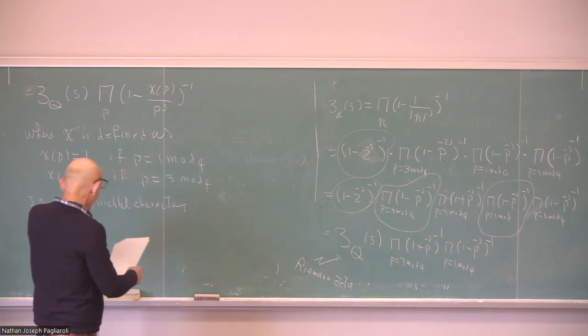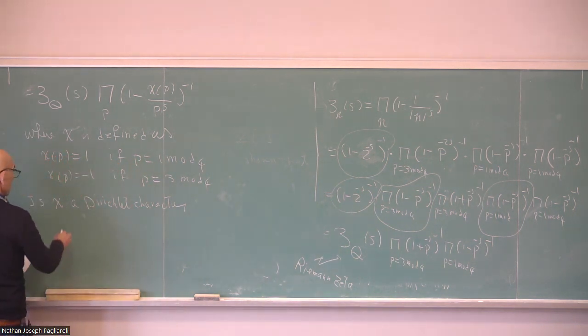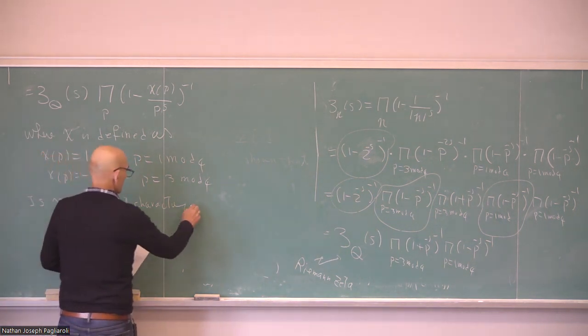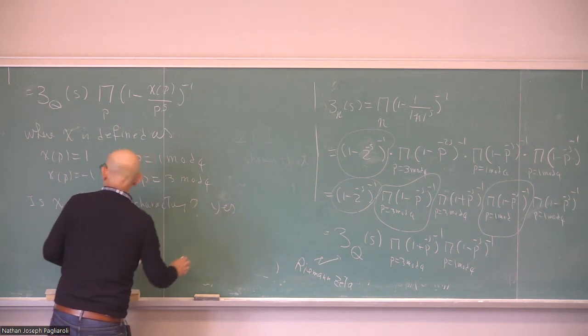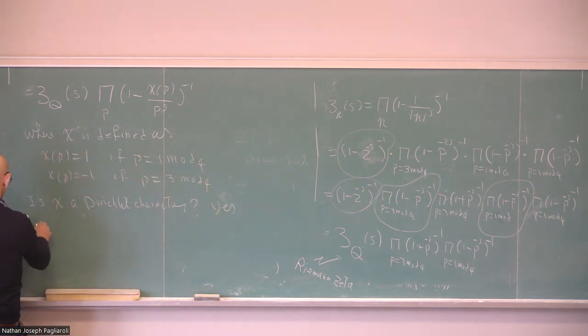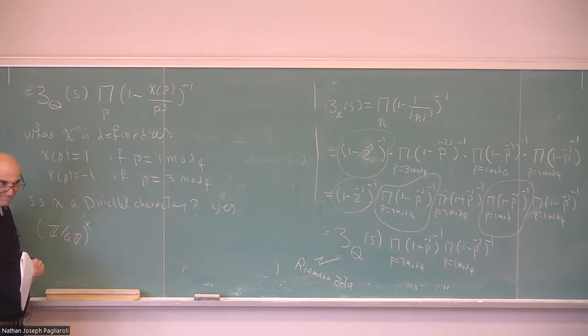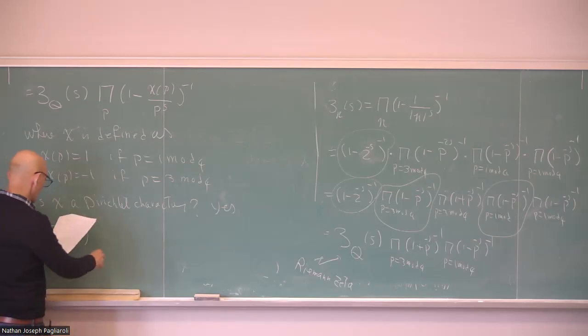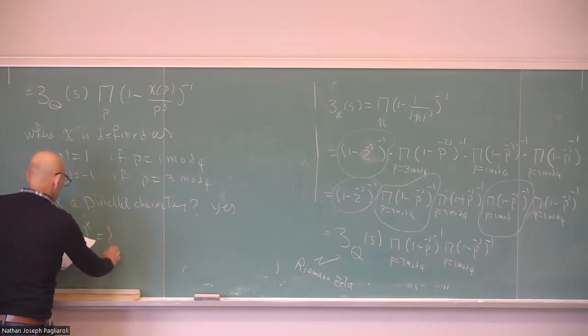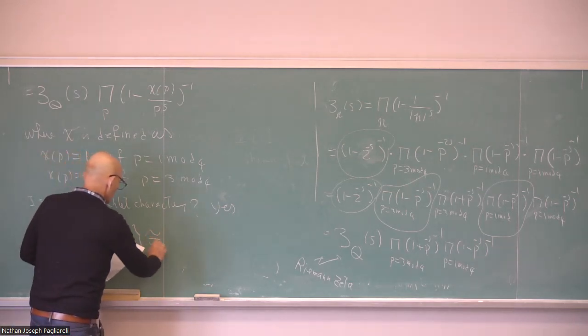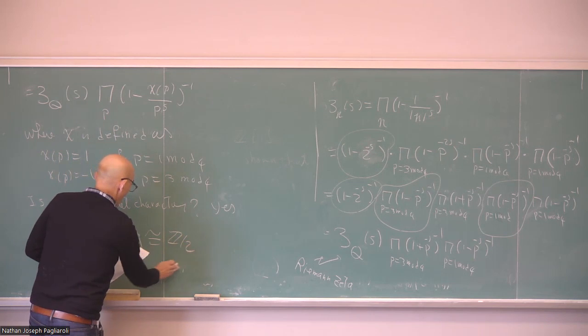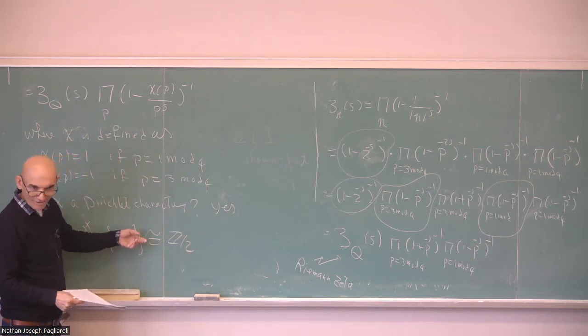Okay, so now, in fact, chi is the Dirichlet character. If you look at Z over 4Z, which has only two generators, 1 and 3, this is of course isomorphic to the cyclic group of order 2. And we know that it has only one non-trivial character.